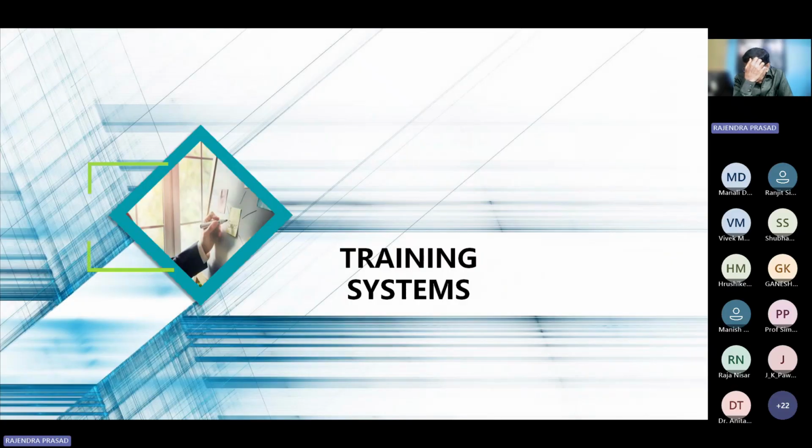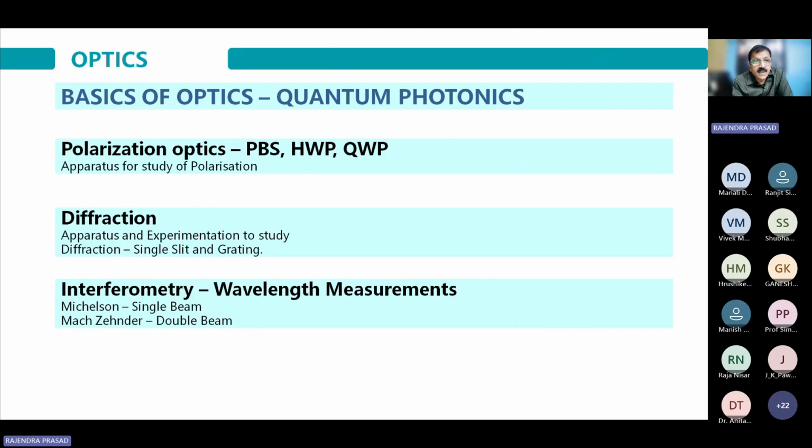Apart from that, we have now covered the main core subjects. But what about creating a lab with the basics and fundamentals of it? That is required, and the lab can include these things: optics, polarization, diffraction, interferometry. These studies are important.